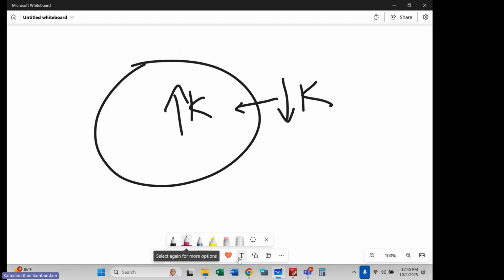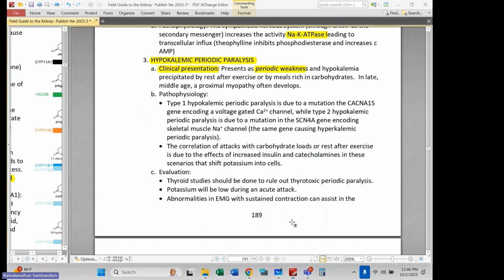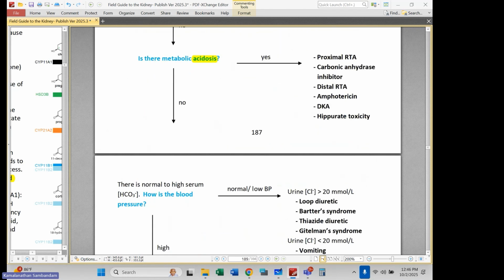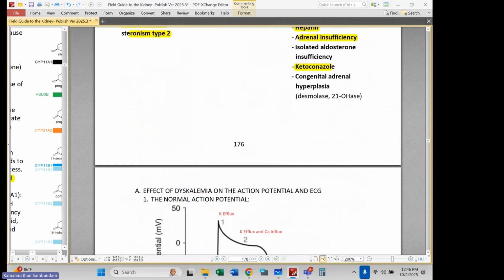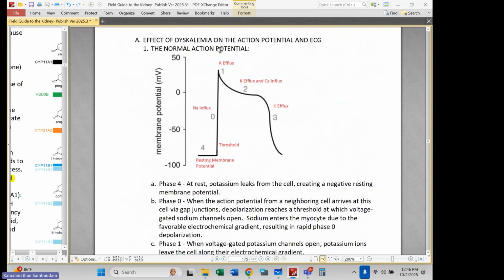So these patients have the perfect storm, a very low ECF K with an ICF K that might be a tad high or at least not low, right? So these patients are very symptomatic. This can be precipitated by rest after exercise. Just think to yourself again what's happening during the action potential, which we talked about, right? You have various channels that are opening throughout the action potential.